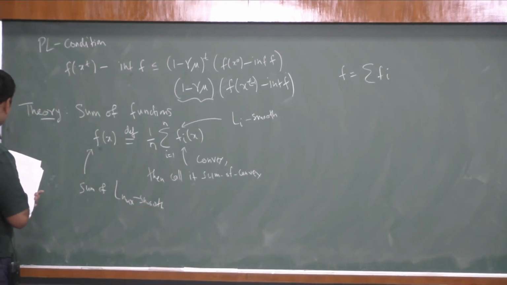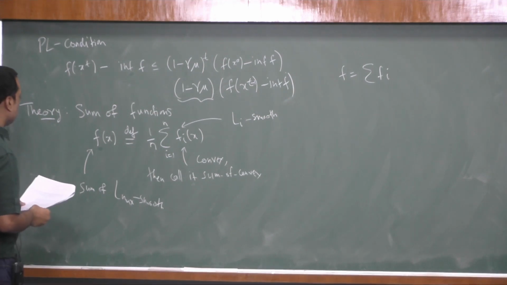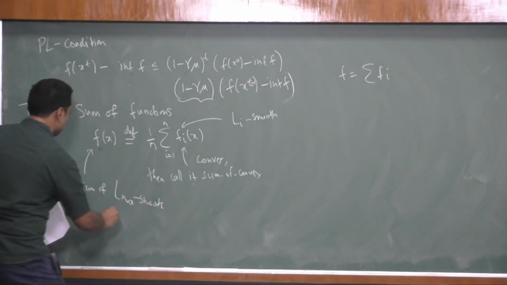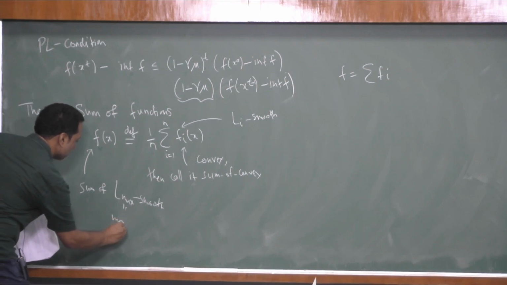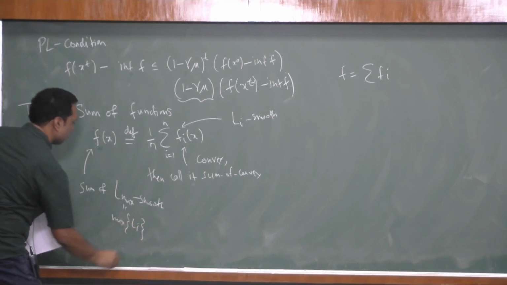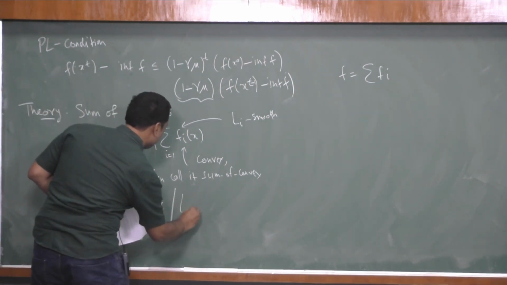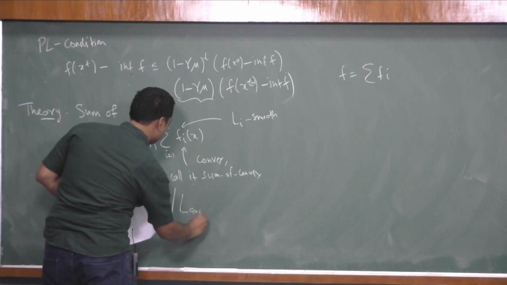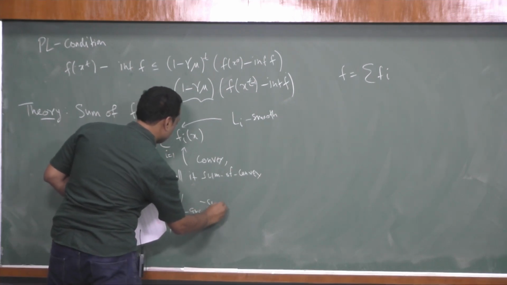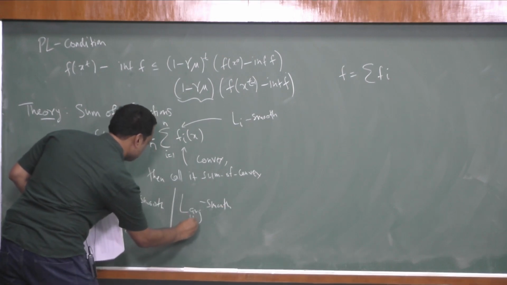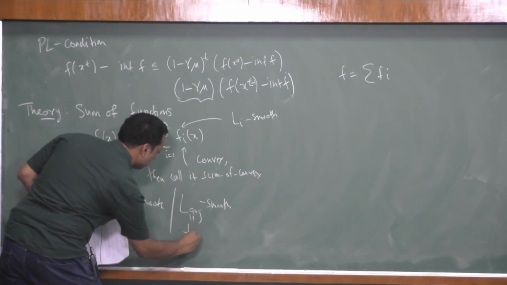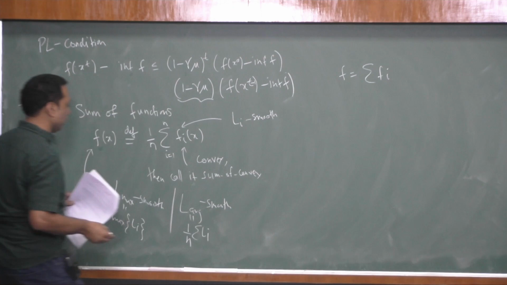Similarly, we can also define the average of the L_i. In this case, L max is obviously max of L_i, and we can also have L average smooth, where L average is defined to be 1 by n times the sum of the individual L_i.